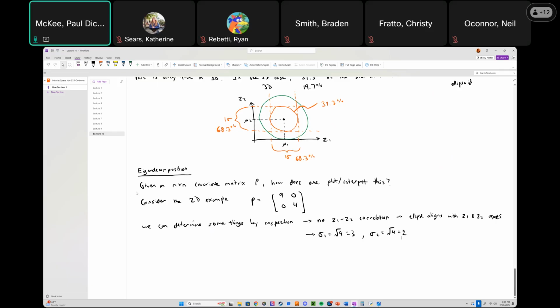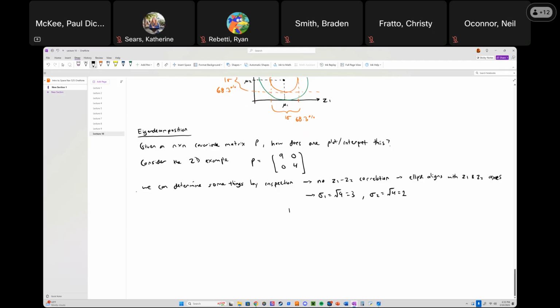Okay, so we can go through and plot this just by hand. We'll do a little number line here. Let's say 1, 2, 3, 4, 5, 6. So our 1 sigma ellipsoid goes from 3 to -3 on the Z1 axis, and from 2 to -2 on the Z2 axis.